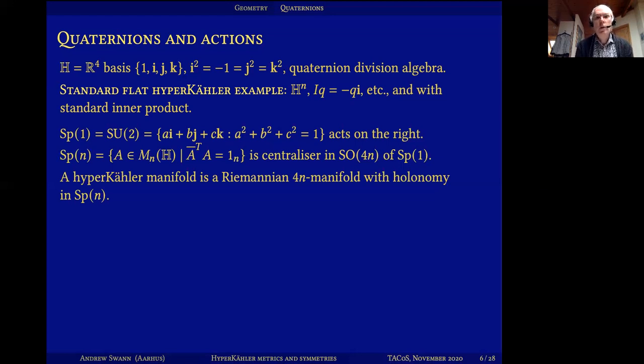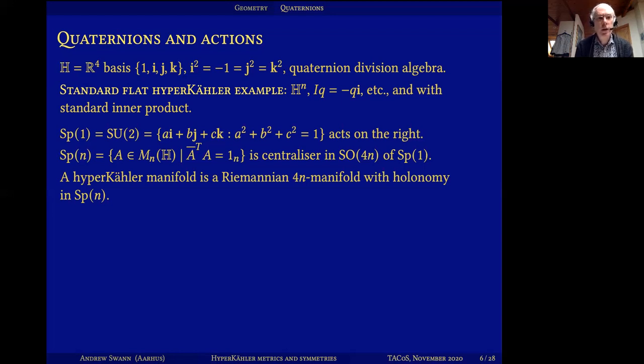So centralizing this subgroup, this group Sp1 acting on Hn, it acts by isometries. We can think of it as a subgroup of SO4n.